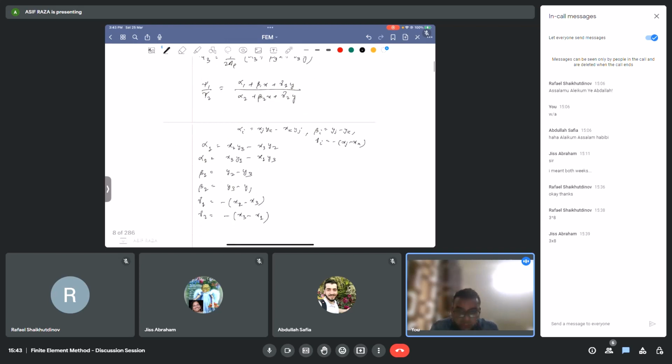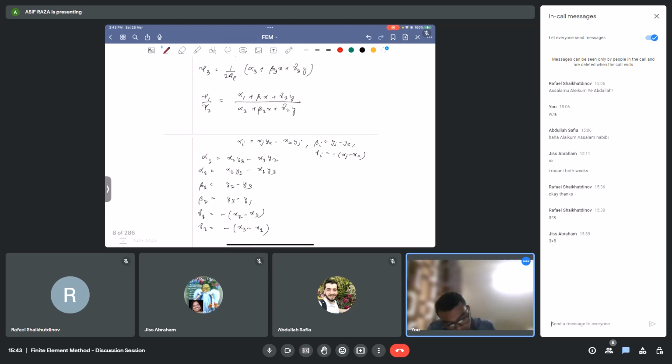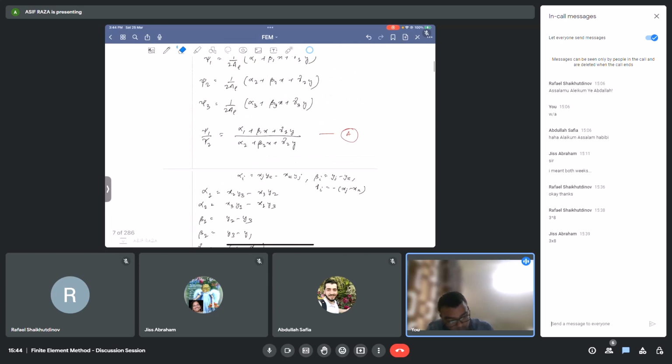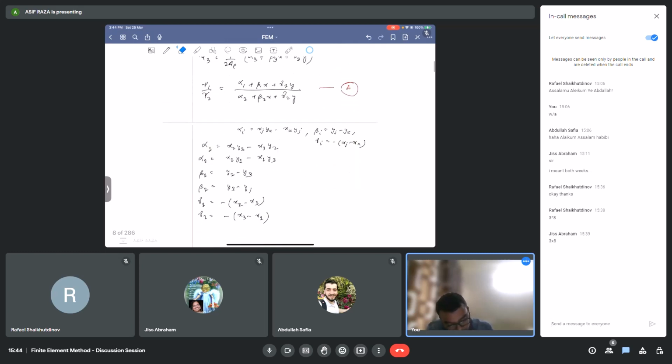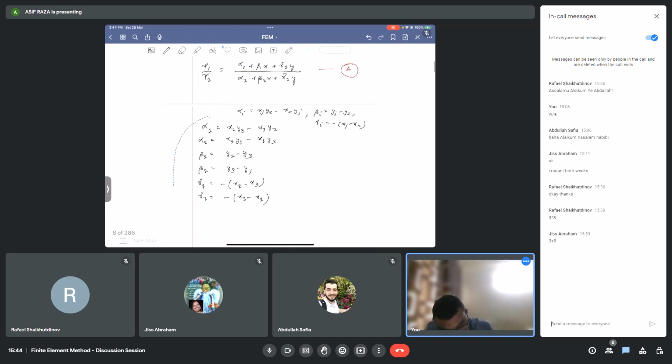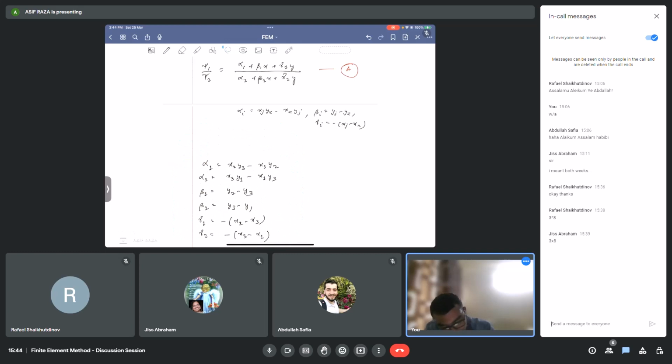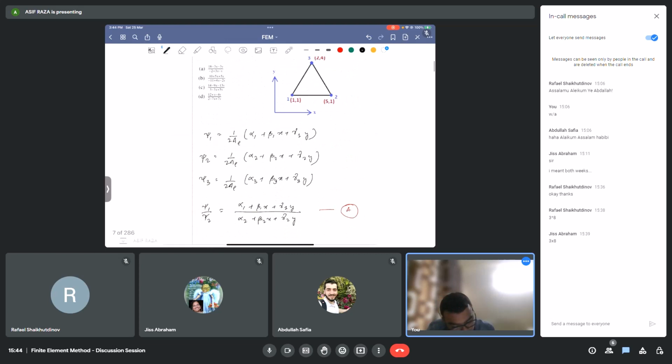Now substitute everything in this ratio. Before substituting we can just find the values of x2 y3 and x3 y1. Let's write it down.